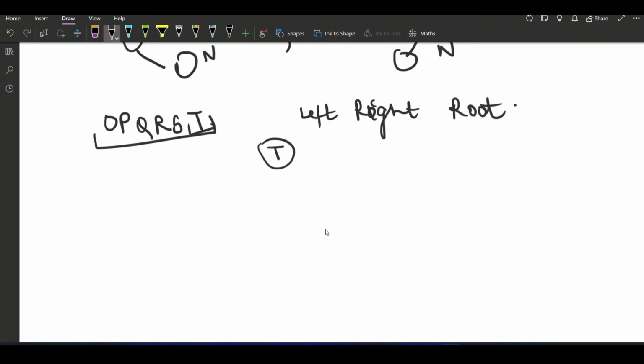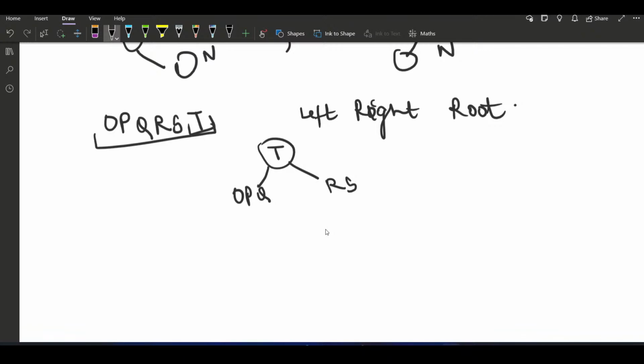So let's consider this. Then in this part, some part will be in the left subtree, and some part will be in the right subtree. So considering the example, let's consider OPQ in the left subtree, and consider RS as the right subtree. So here OPQ will be the left subtree, and R and S will be the right subtree. Now we clearly know that each subtree will again follow the same condition, that is the rightmost element will be the root node, and the others will be its children.